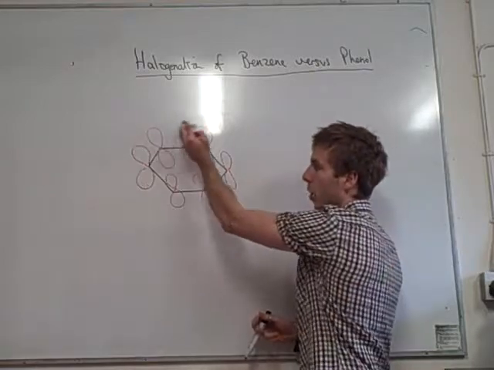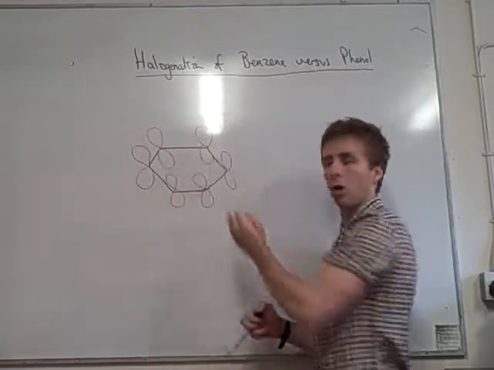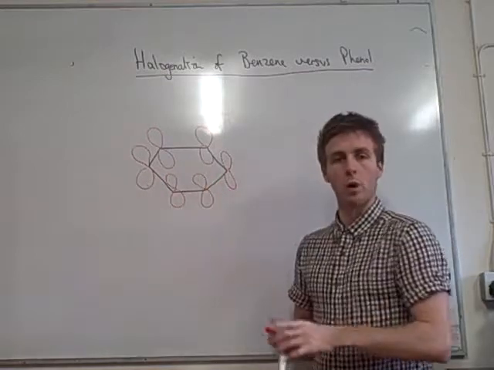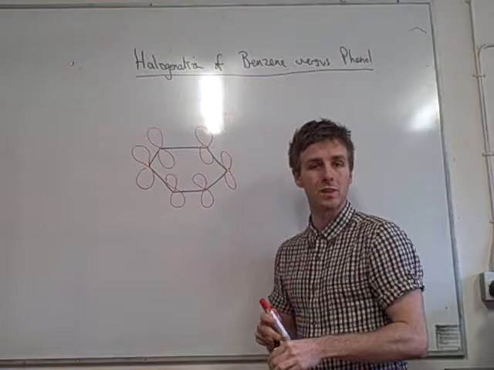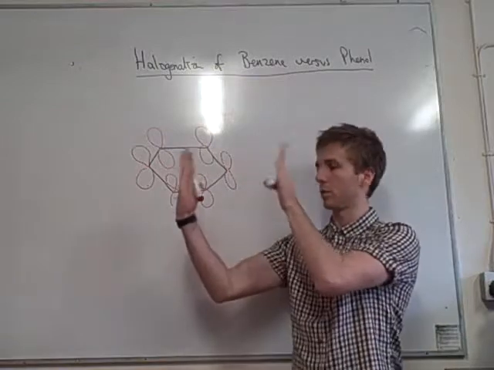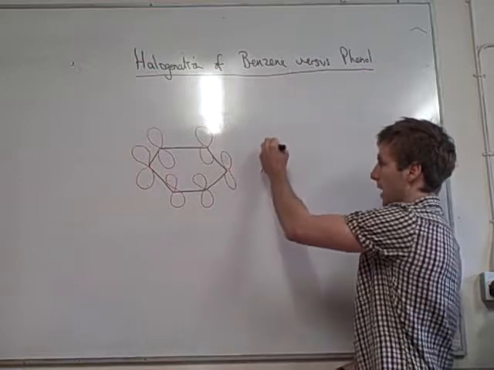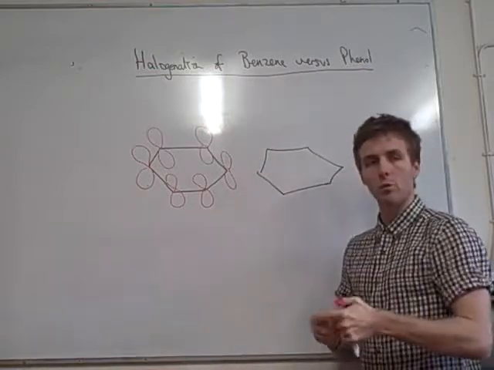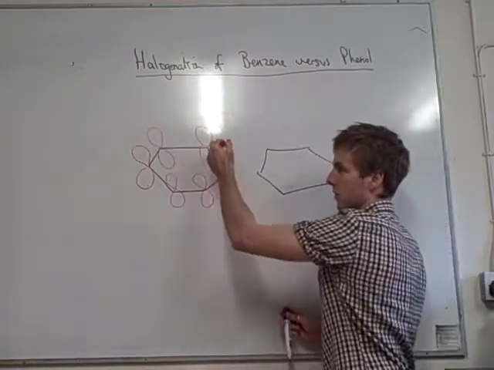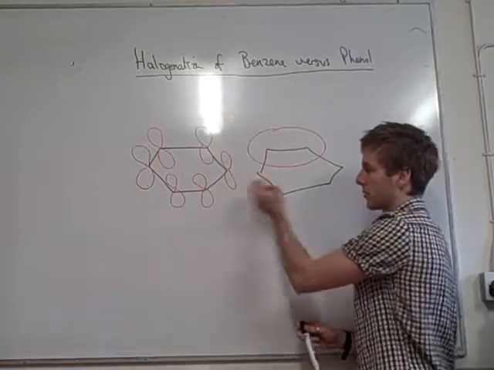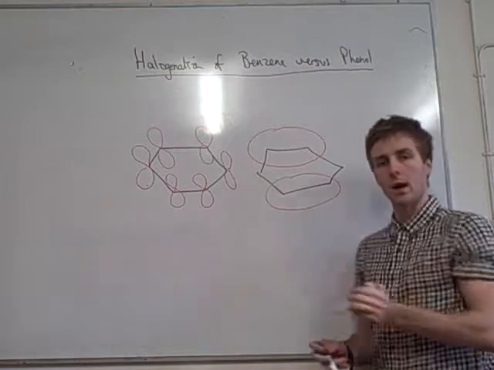So all the top lobes of your p orbitals will all overlap, and all the bottom lobes from these p orbitals will overlap. And if you want to be specific, we'd say it's side-on overlap, because they're overlapping from the side, not head-on. So when they overlap, what we end up with is this ring structure above the plane of the carbons and another ring structure below the plane of the carbons.